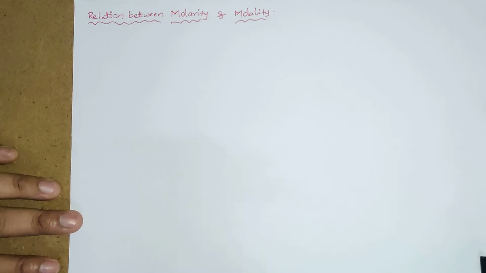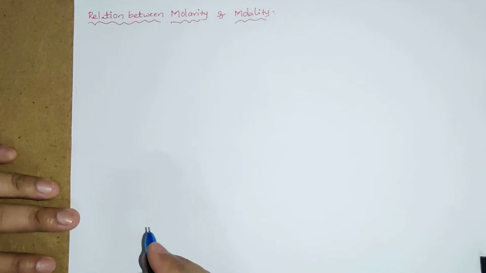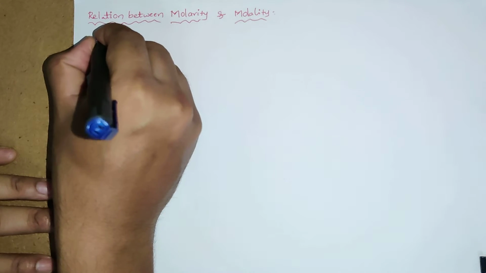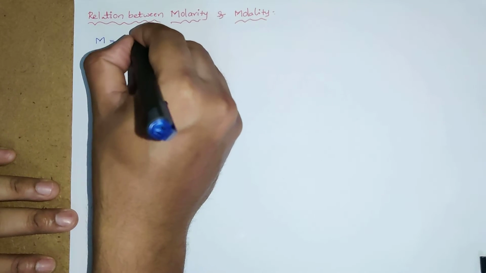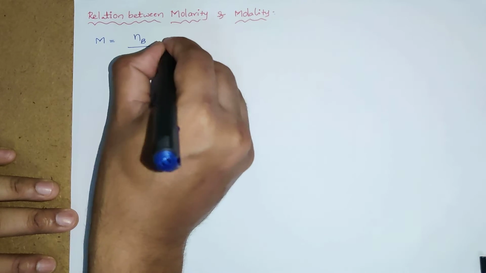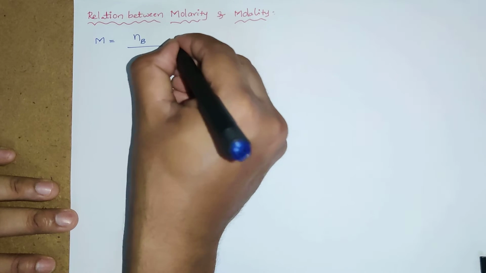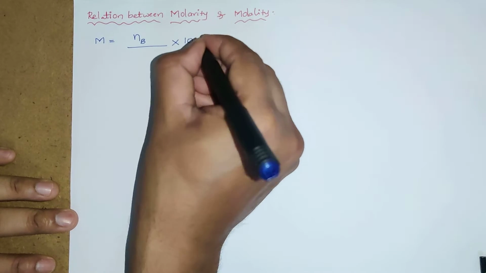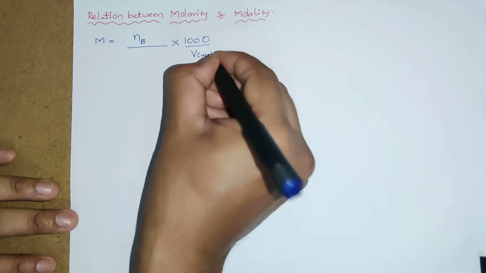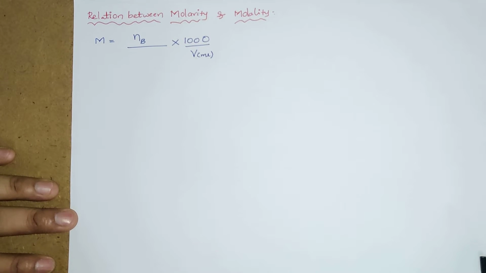Another important relation is between molarity and molality. What is molarity? Molarity is equal to number of moles of solute dissolved in 1 liter of solution, that is we write as NB into 1000 by volume of solution in ml. What is molality?